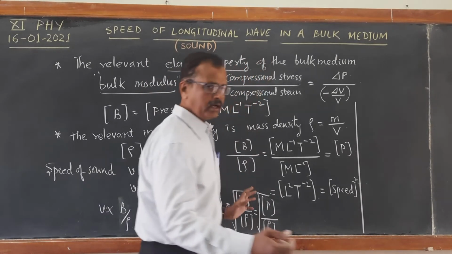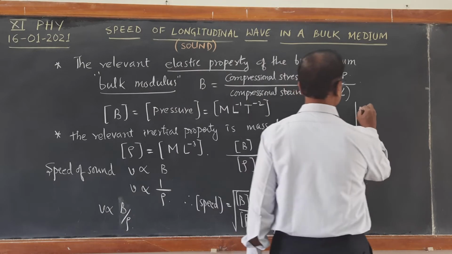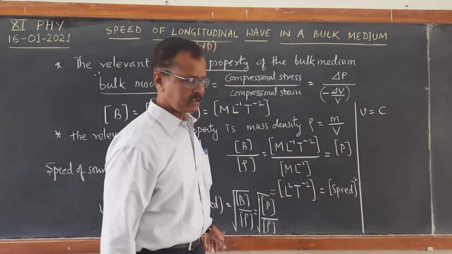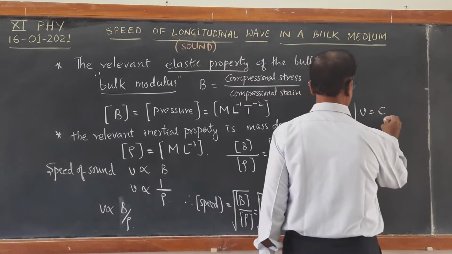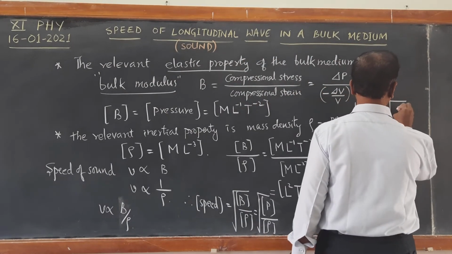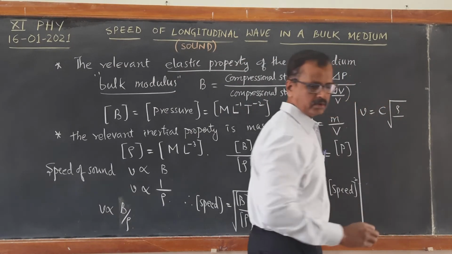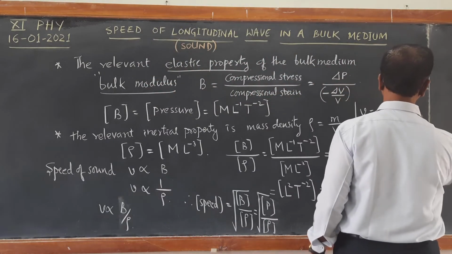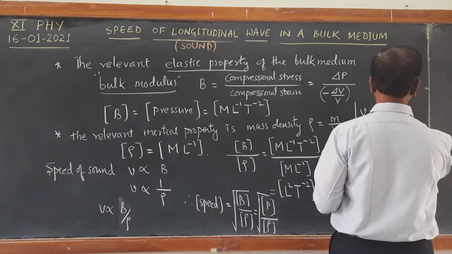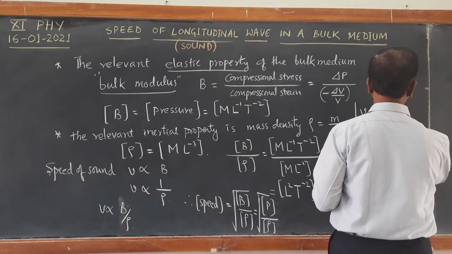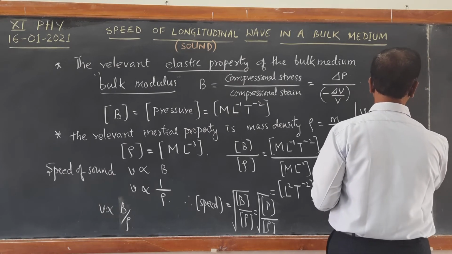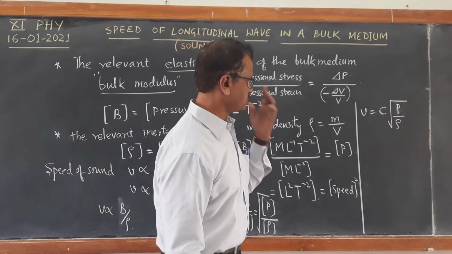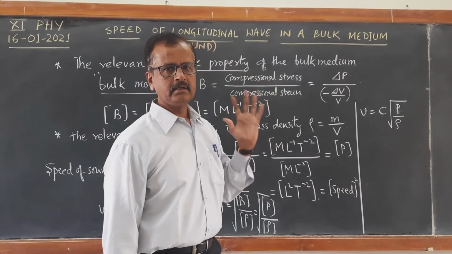So I can now write V is equal to some constant C times the square root of P by rho, where P is the pressure and rho is the density. Now, this derivation was done by Sir Isaac Newton.